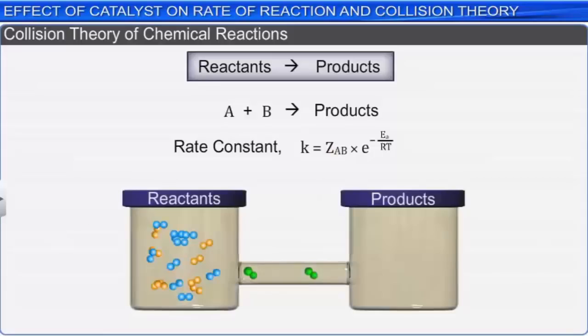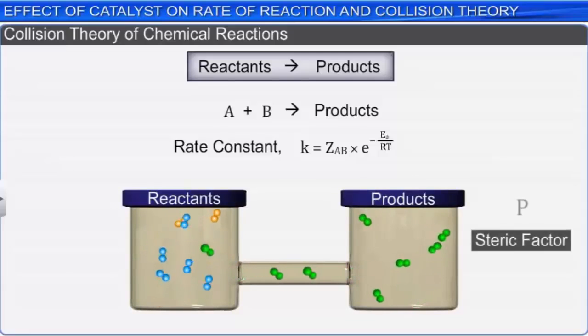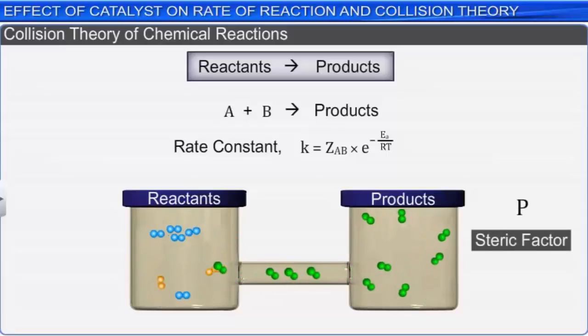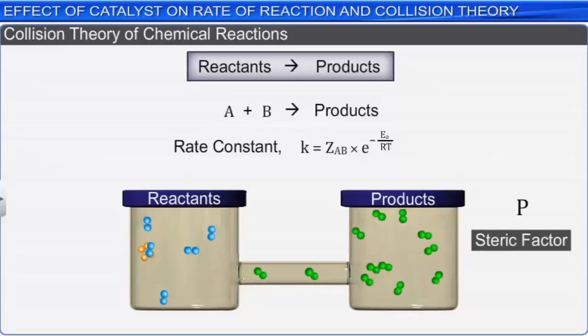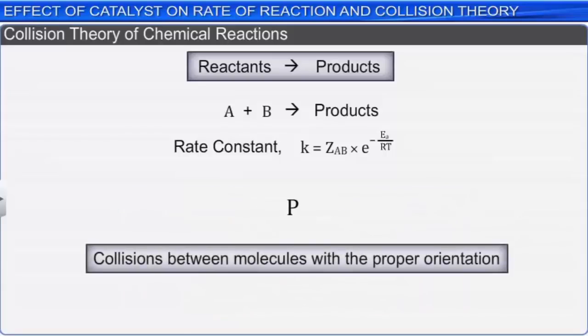Since all the collisions do not lead to the formation of products, another factor called steric factor, P, is introduced in the collision theory to account for effective collisions. P refers to the collisions between molecules with the proper orientation.